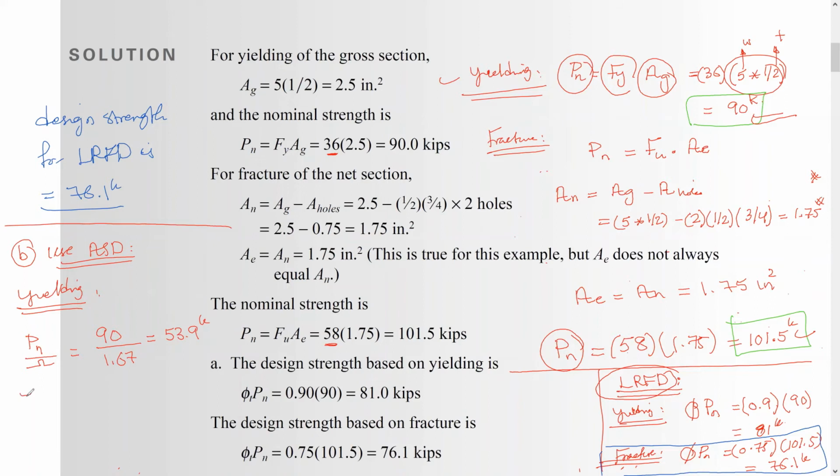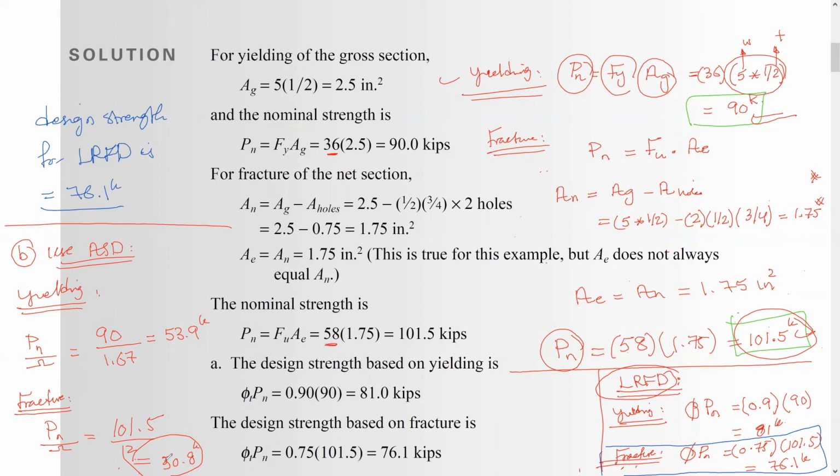And for fracture, the one here, which is 101.5, divided by 2, and this one is going to be 50.8 kip. And which one is the control? It is this one, the fracture. So the design strength based on the ASD method is 50.8.